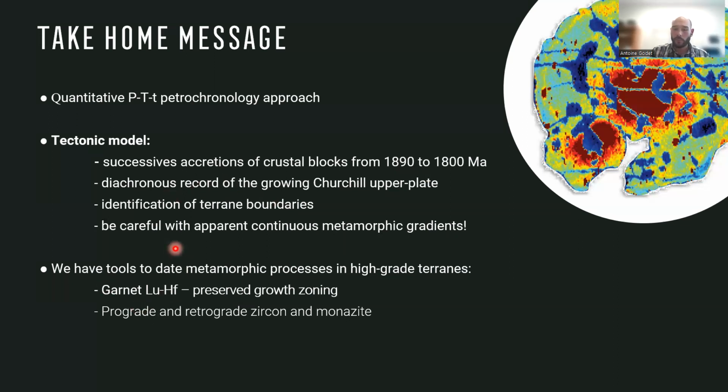For example, from my experience, garnet has a strong potential to preserve growth zoning. And zircon and monazite dating in migmatite is not straightforward. Sometimes it records different populations, prograde, retrograde, so it needs to be coupled with trace element chemistry, textural relationships, and so on, to be sure what the interpretation of the obtained ages are.